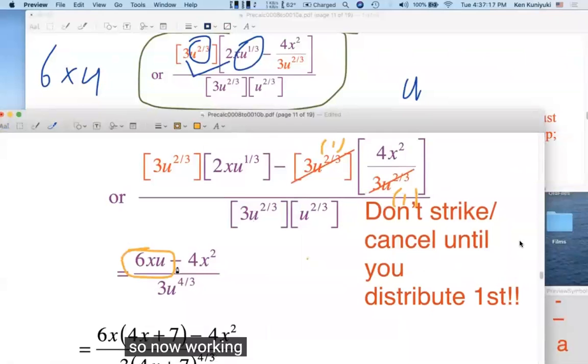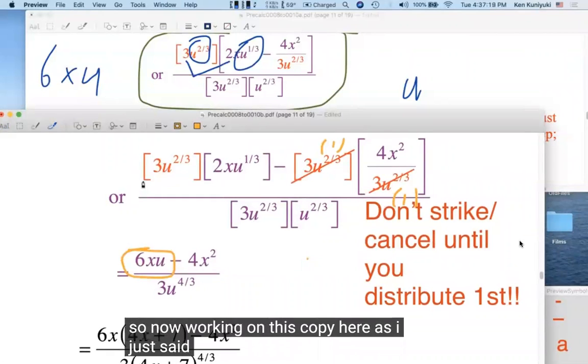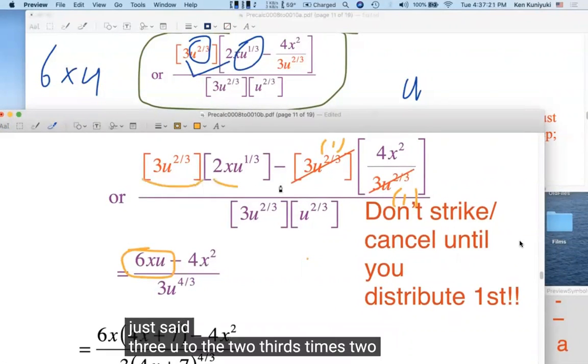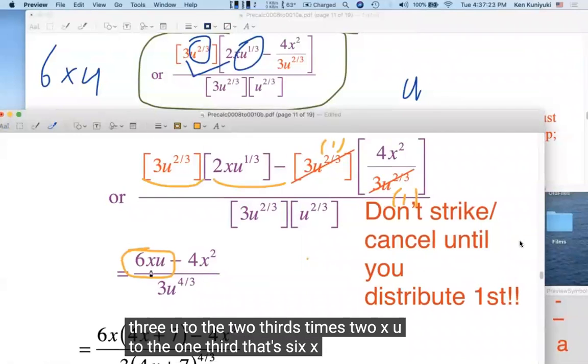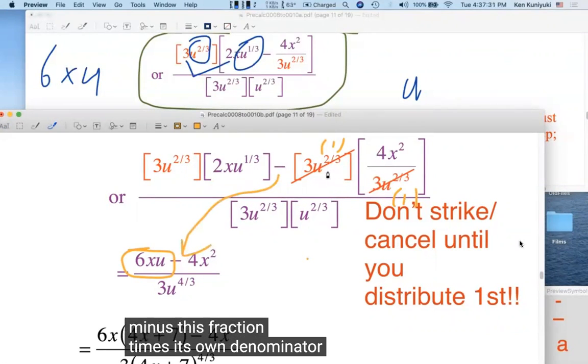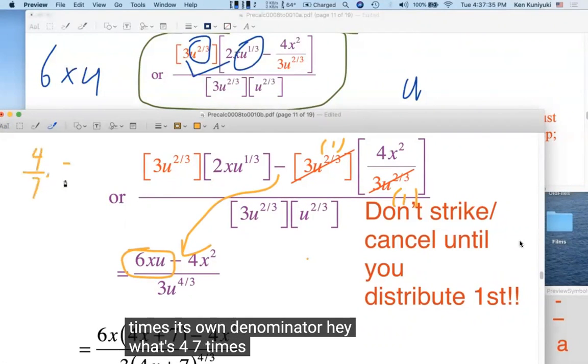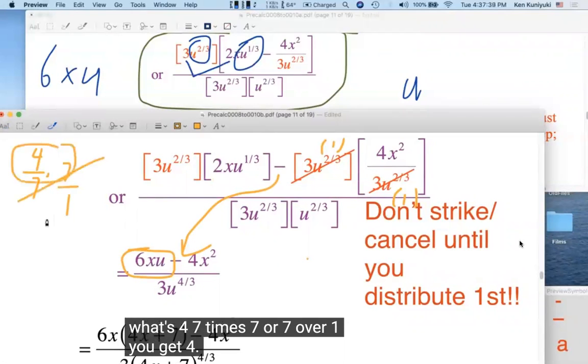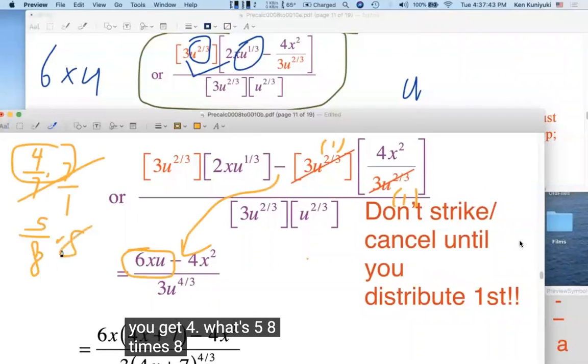All right, all over, and then the product down there. So now, working on this copy here, as I just said, 3u to the 2/3 times 2xu to the 1/3, that's 6xu. Minus this fraction times its own denominator. Hey, what's 4/7 times 7, or 7 over 1? You get 4. What's 5/8 times 8?